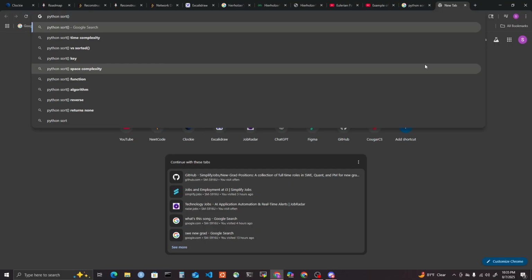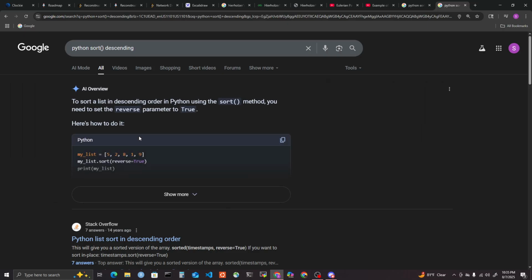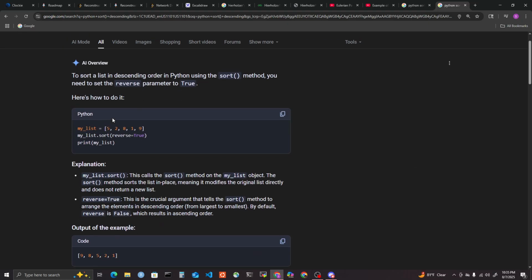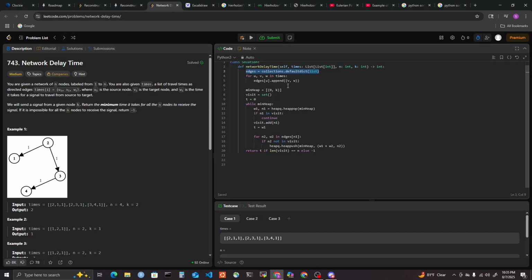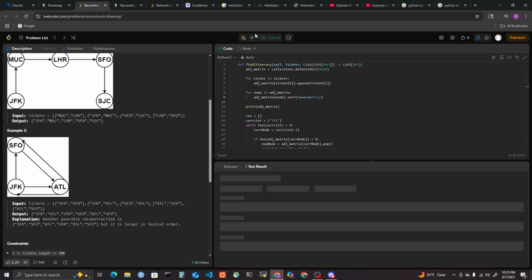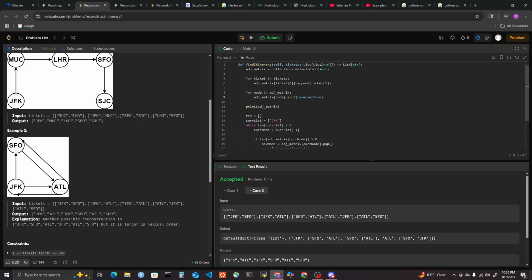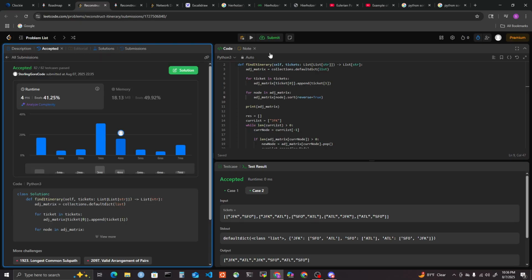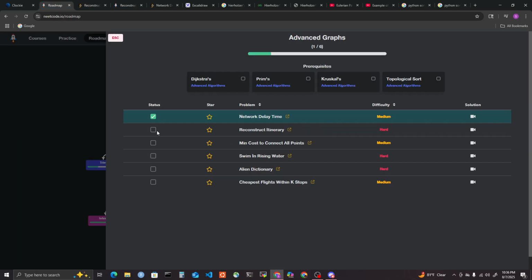What's the word for incrementing versus decrementing? Descending. I'm just throwing stuff at the wall right now. Oh yes. Okay, cool. Oh, beautiful. I didn't understand much of that, but hey.